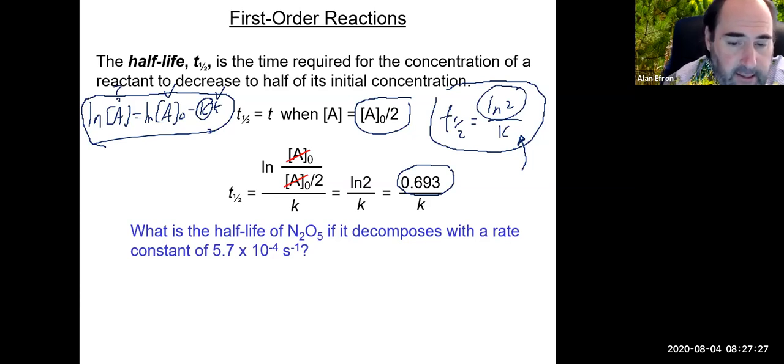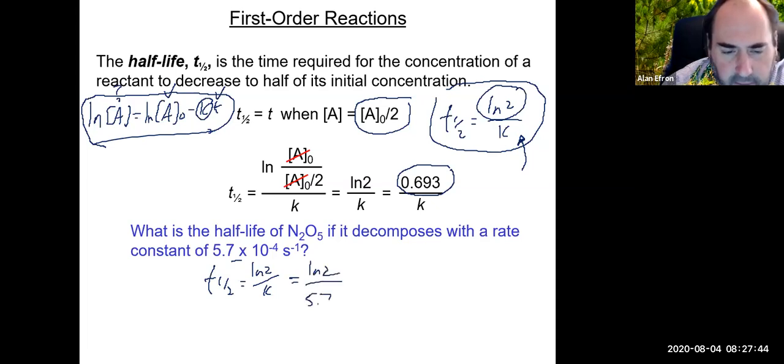Okay, so here we would use our half-life equation. Our half-life would be the natural log of 2 over k. In this case, we do have k, so we just need to plug it in: natural log of 2 over 5.7 times 10 to the minus 4 reciprocal seconds.